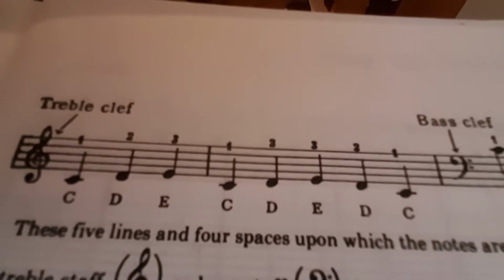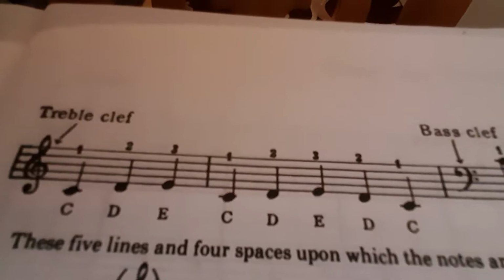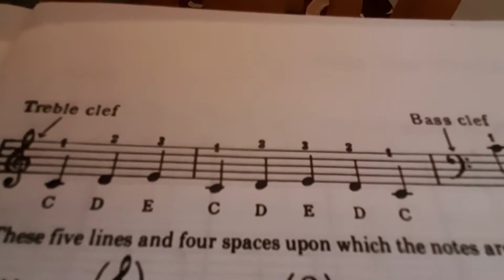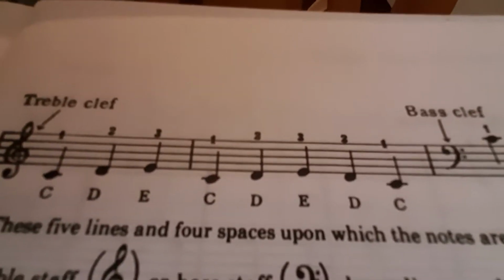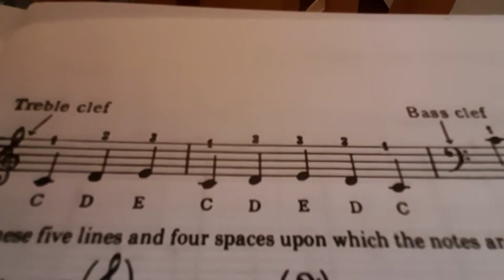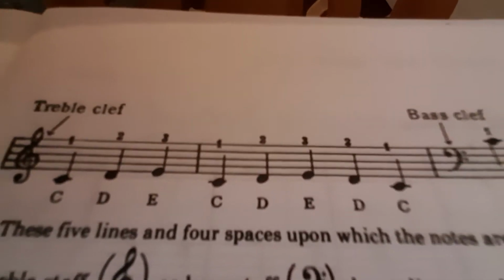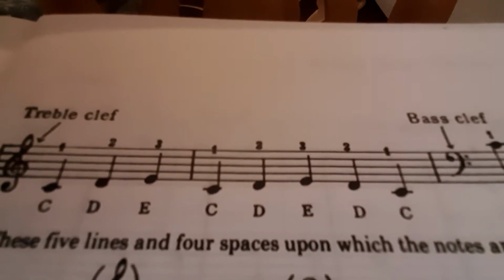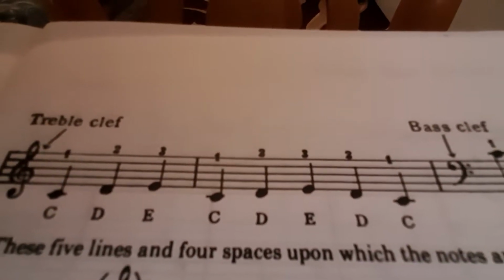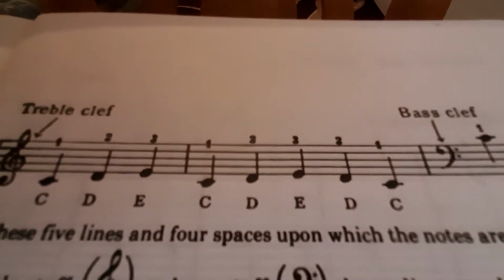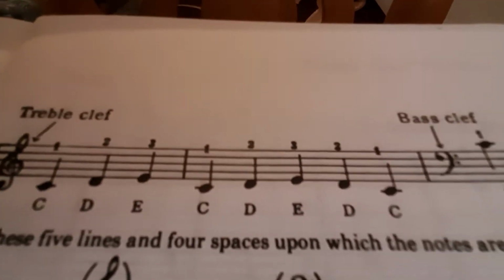Next, next, next, next, next, next, next. If what you have played sounds like that, then you play correctly. Let's try it again. That is for your right hand, and that is treble clef.